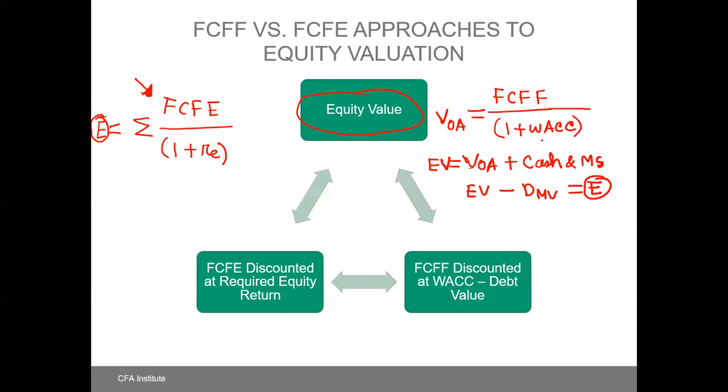In that case, it is likely to affect the WACC. So you're not getting a reliable estimate of the WACC for the future when the firm is using a capital structure which is very much fluctuating.